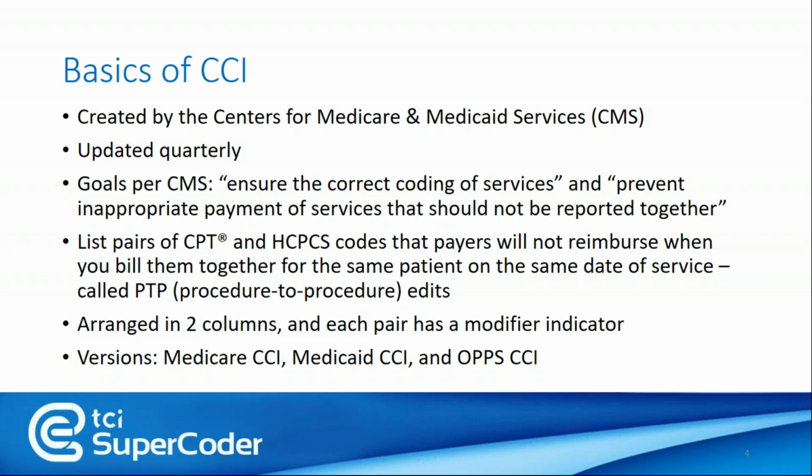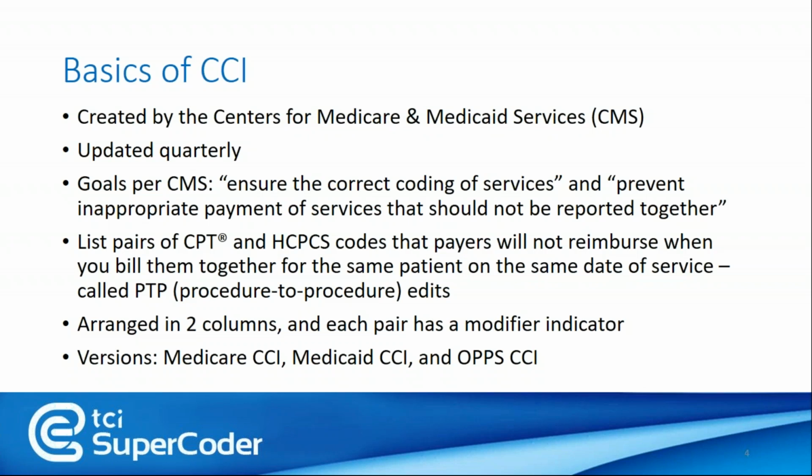And so what we've done at SuperCoder is put all of the edit pairs in an easy to navigate tool that gives you clear information about the modifier indicators. And we're going to talk a little bit more about that when we explore the tools.